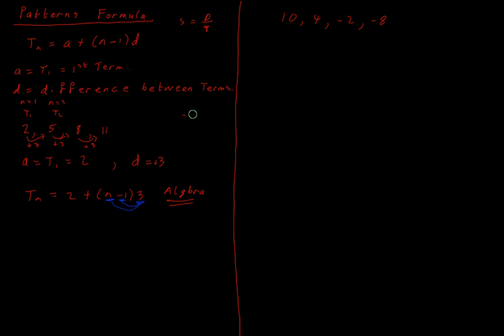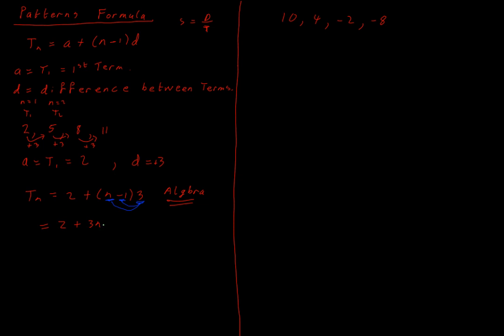What we're going to do is take, so our next line is going to be 2 plus 3 multiplied by n, our number in our term, our number of terms, is going to be 3 multiplied by n.